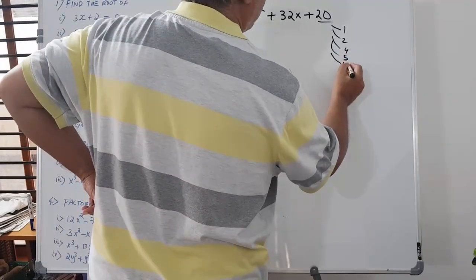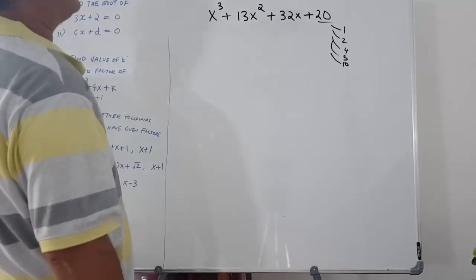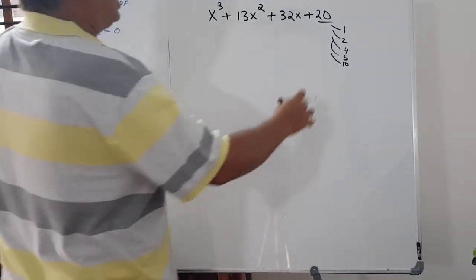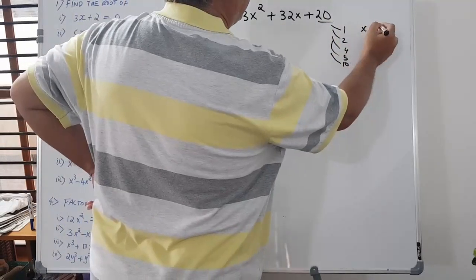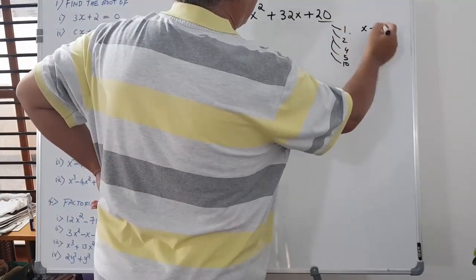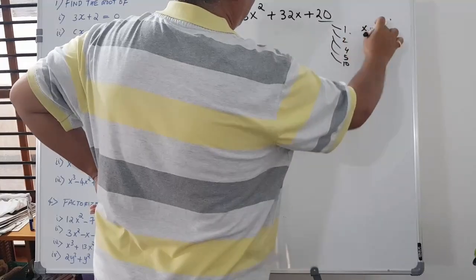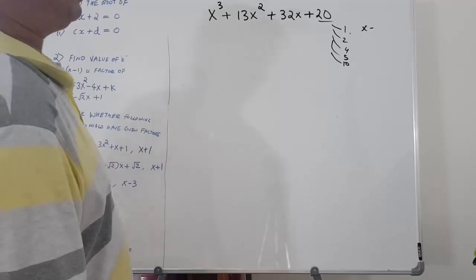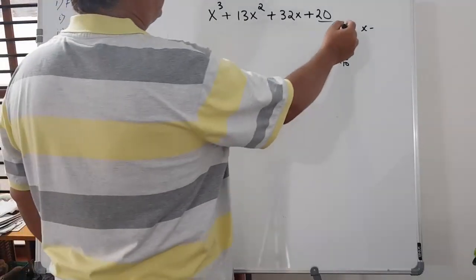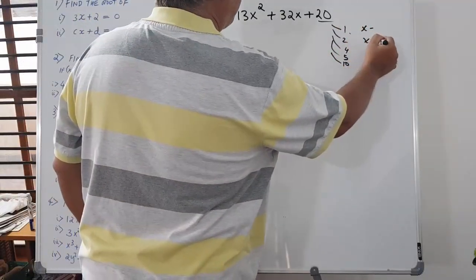It could be 10 also. So these are the factors of this number. Now we want to see whether any of these give a factor. Is x minus 1 a factor of this? Is x minus 2 a factor? Is x minus 4 a factor? We want to pull out a factor from here. So let's see whether x minus 1 is a factor.